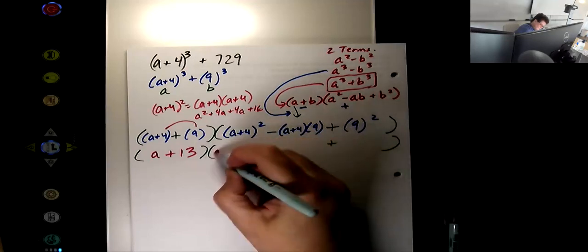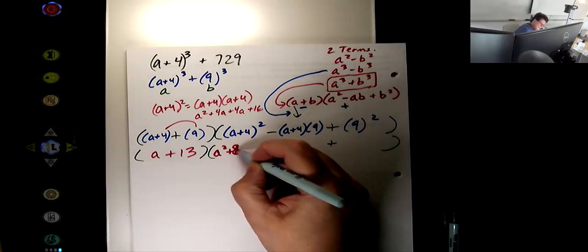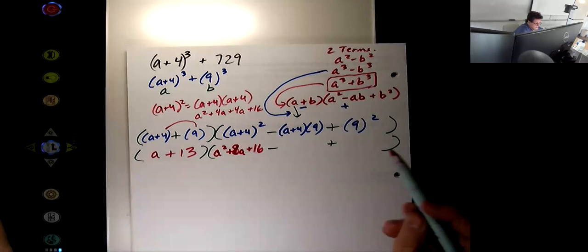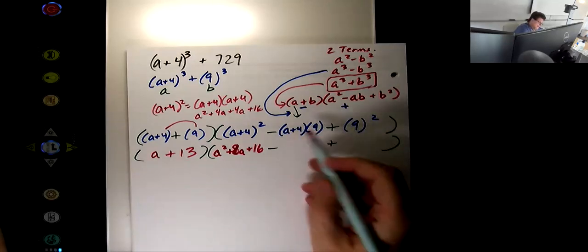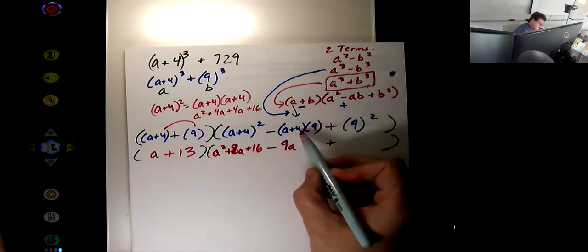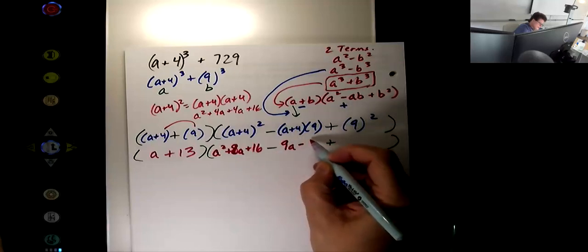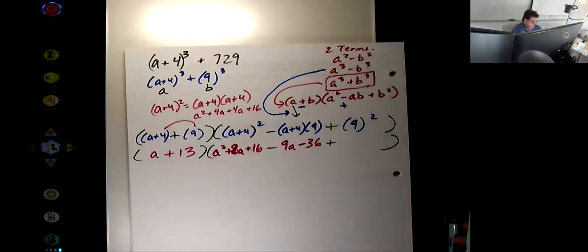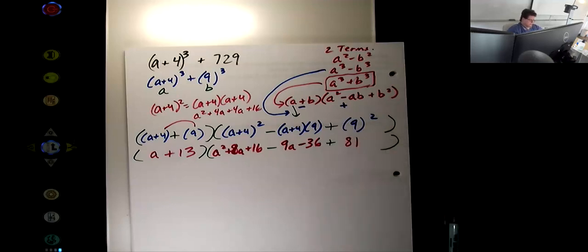Combining that, we get a squared plus 8a plus 16. Then I have 9 times (a + 4), which is 9a, and 9 times 4 is 36, but there's a minus on it also, so I'll put minus 36 now. And then 9 squared is 81.